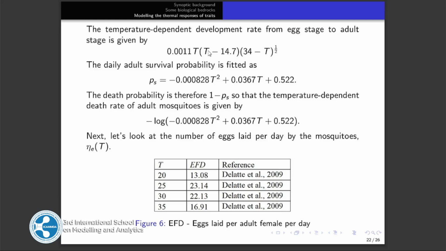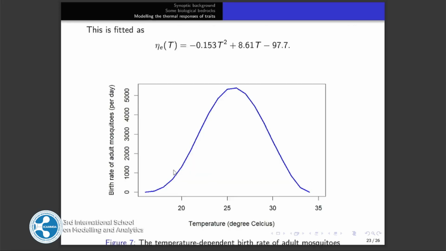So now, bringing all these pieces together, the egg laying, the death rate, the probability of survival, the egg development rate, are we there now? With the logistic part of it, and plotting it, gives us this particular graph. And now, this one is talking about the birth rate of the adult mosquitoes.